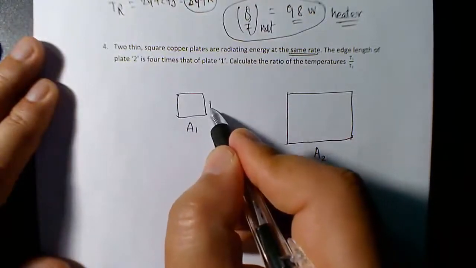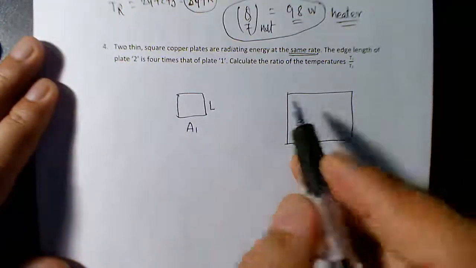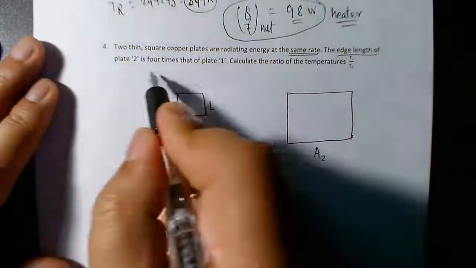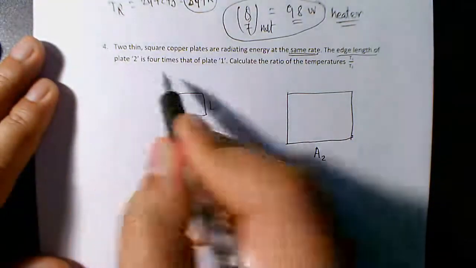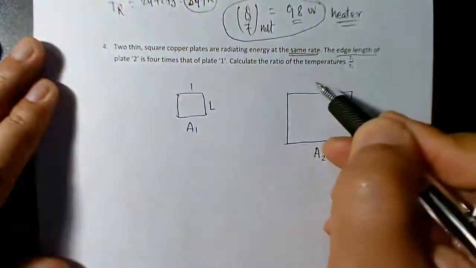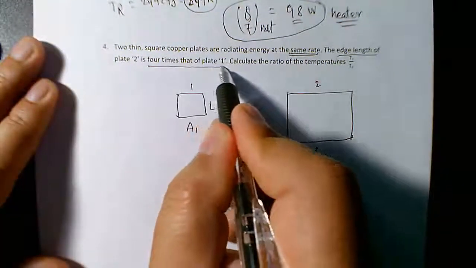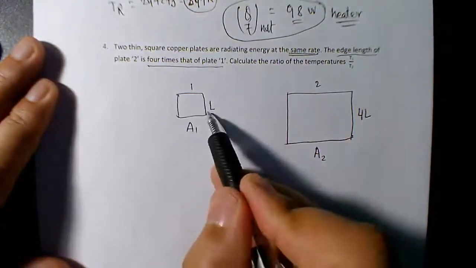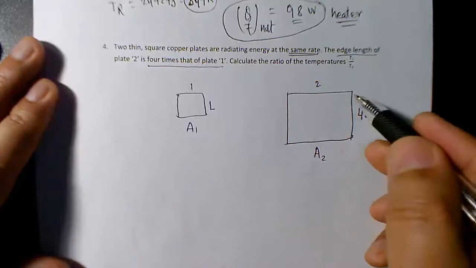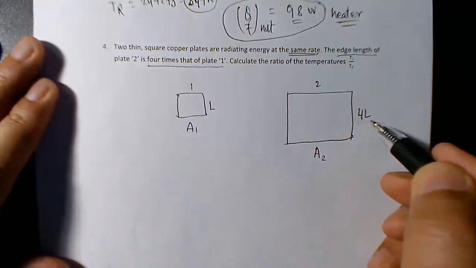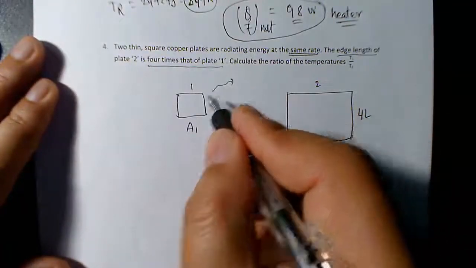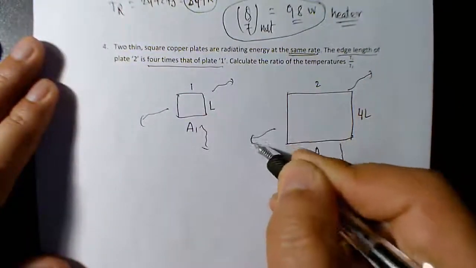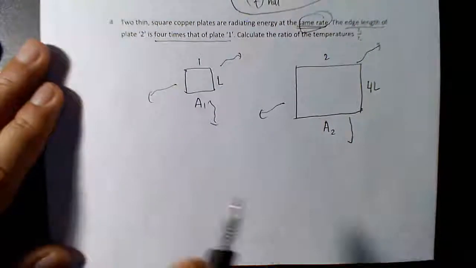If this is the edge length L of plate number 1, plate number 2 is 4 times that, so its edge length is 4 times L. But they are radiating at the same rate. The rate of emission of radiation is the same, based on the question.